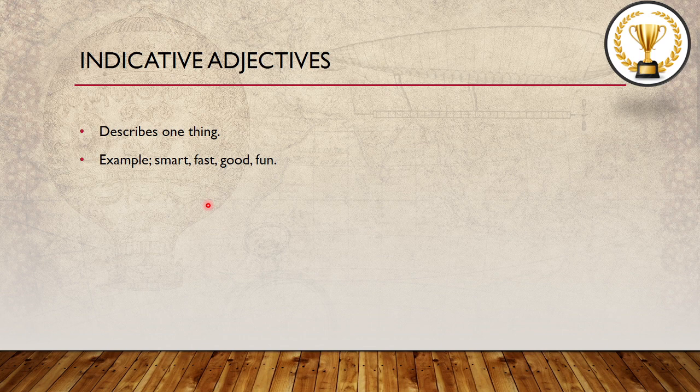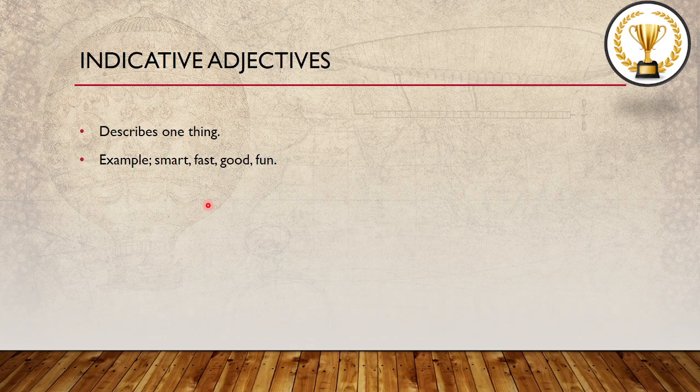So in indicative adjectives, it describes only one thing. For example, smart boy, fast car, good girl, fun program. So likewise, indicative adjectives only describe one thing, right?